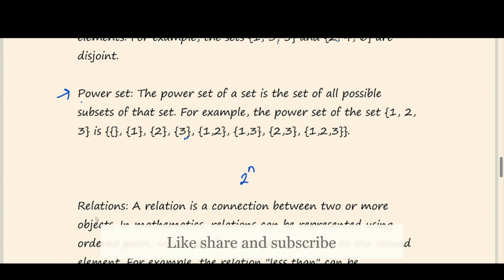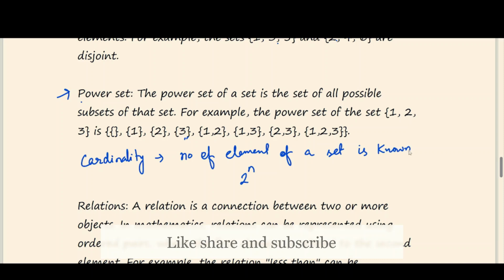The number of elements in a set is known as the cardinality of the set. So the power set will contain 2 to the power of n elements.